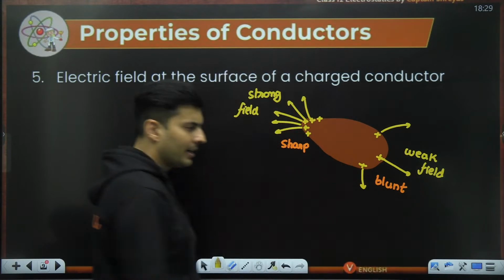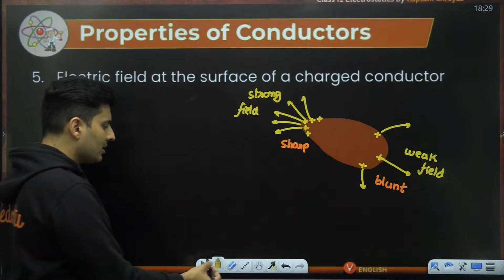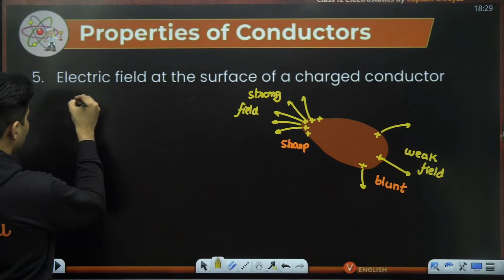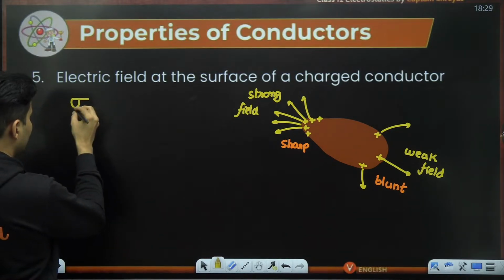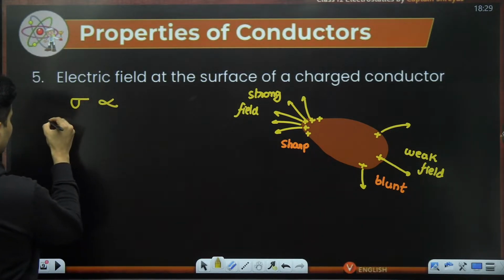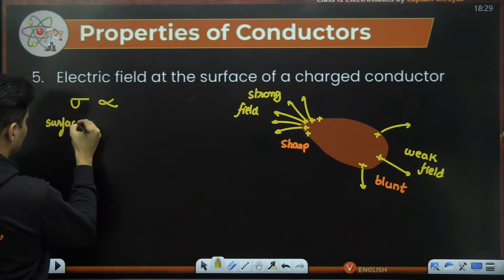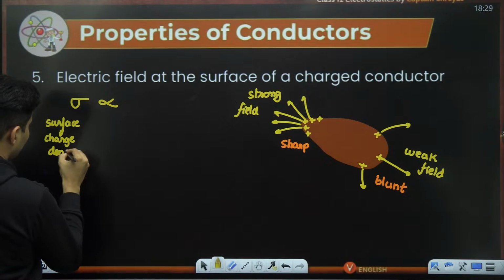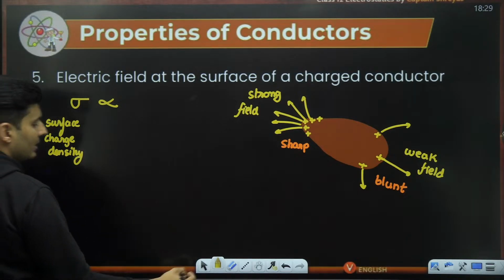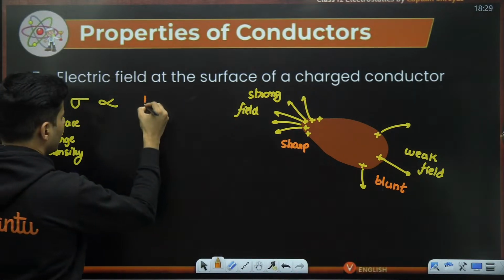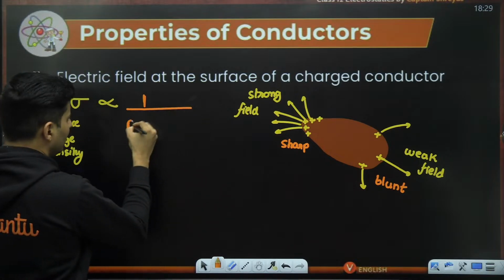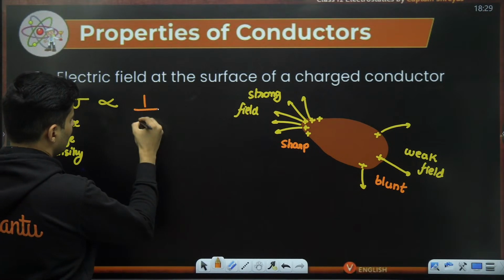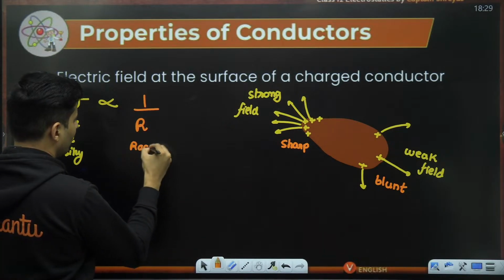In fact, there is a direct relationship for this, and the relationship is as follows. It is nothing but the charge density. This is the surface charge density. The surface charge density is inversely proportional to the radius of curvature.